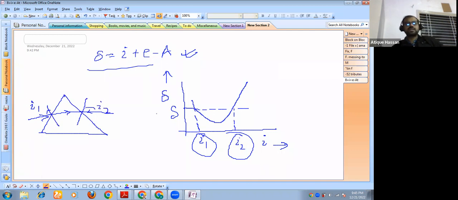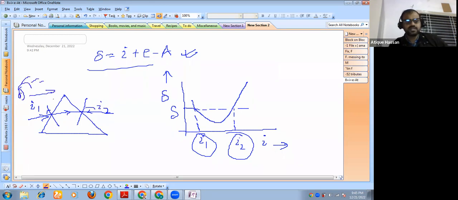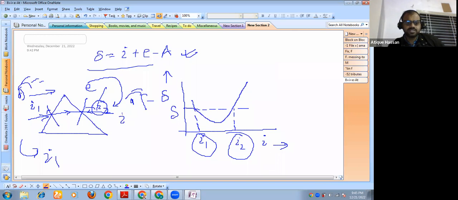If you observe from the left side, the angle is I1, and if you observe from the right side, if light is incident from the left side at angle I1, then what was the emergent angle in the first case, let us put it as the incident angle for the second case.